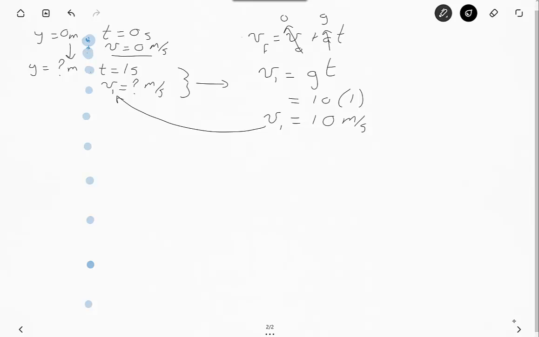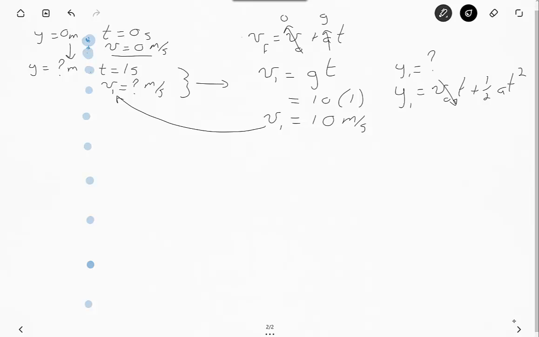So then the question becomes, how far did it fall? What was Y1? We can do this a couple of different ways. We can find the average velocity and multiply it by its time to get the distance, but I would prefer to use the equation we talked about on the last slide, where Y1 is equal to V naught T plus 1/2 AT squared.